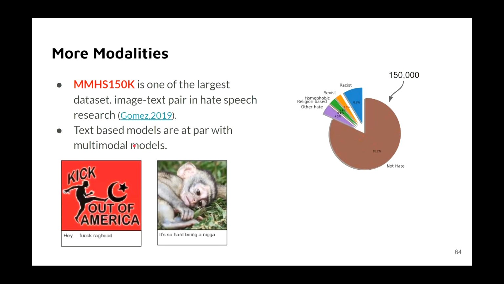One of the important things that we found was that the text-based models were almost on par with the multimodal models. The multimodal models included both text and image, but still they could not beat the text-based model.